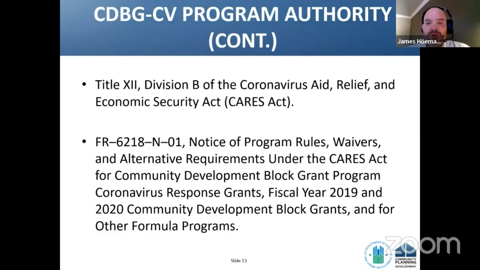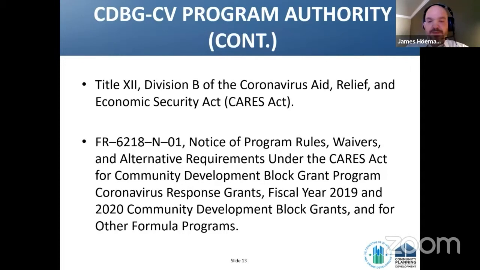So that is where the CDBG-CV program exists there in that specific section of the CARES Act. It's not incredibly long, which is a good thing for us as a program, because then that allows us the flexibility when we're given the authority to come up with an implementation notice that further describes how we expect the program to be implemented.